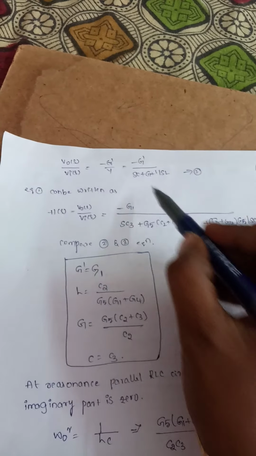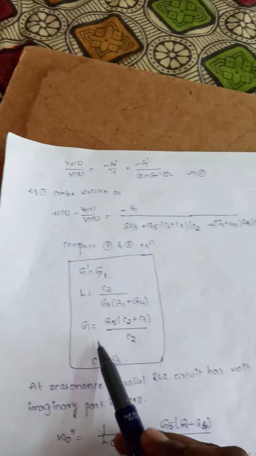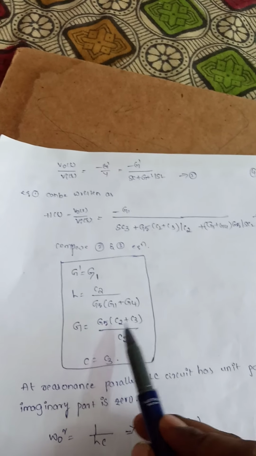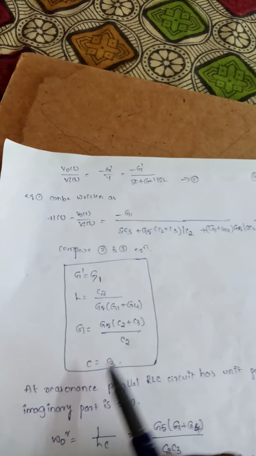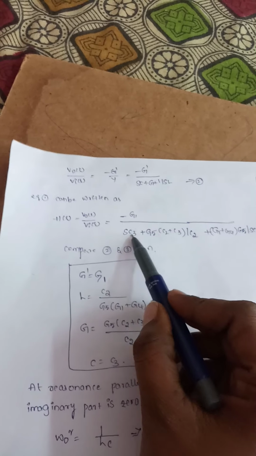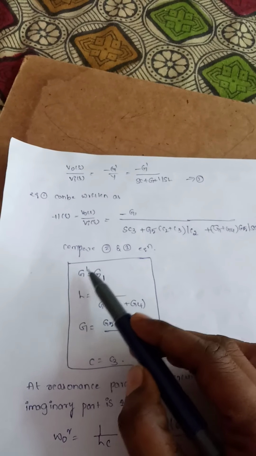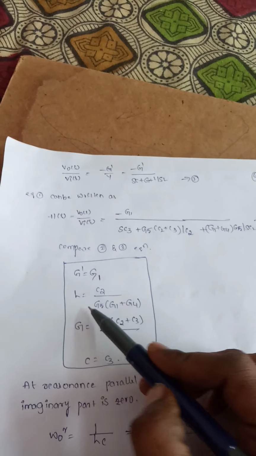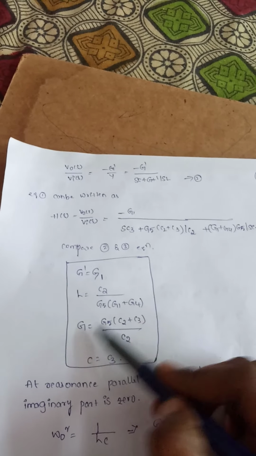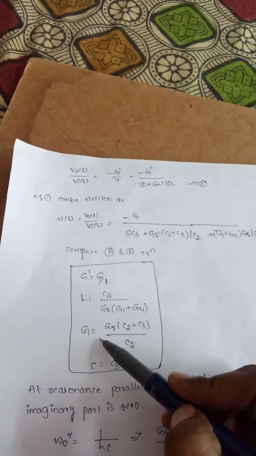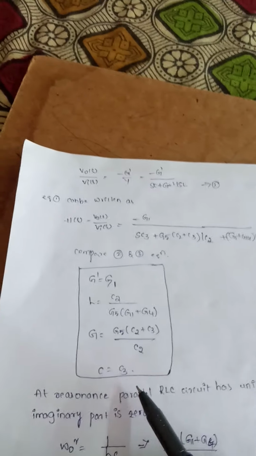By comparing these two terms we get G is equal to G5 into C2 plus C3 by C2, and SC is equal to SC3, so C is equal to C3. The components: G dash is equal to G1, this is the inductor value, and this is the resistor value, meaning 1 by R is equal to this one, and C is equal to C3.